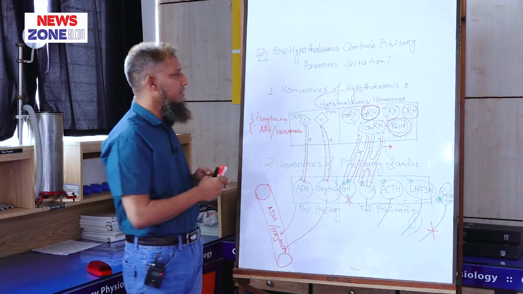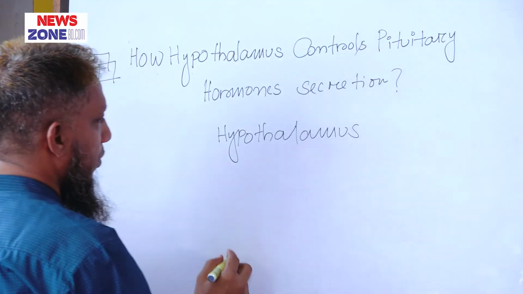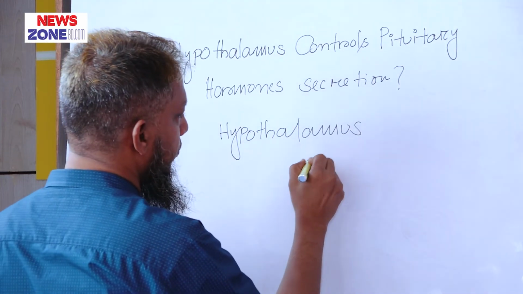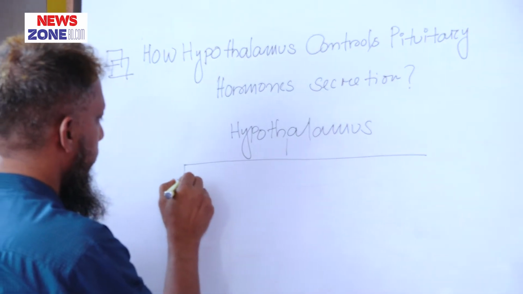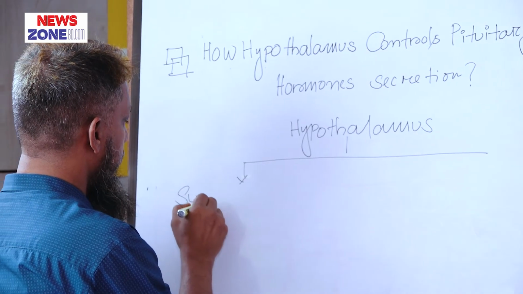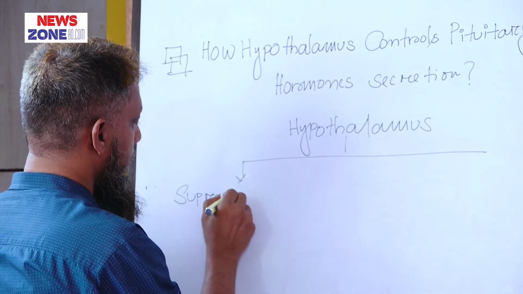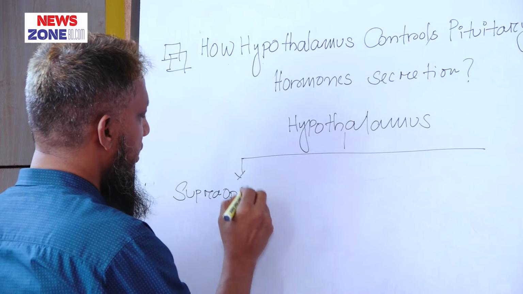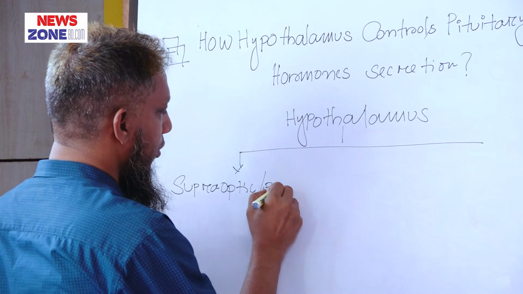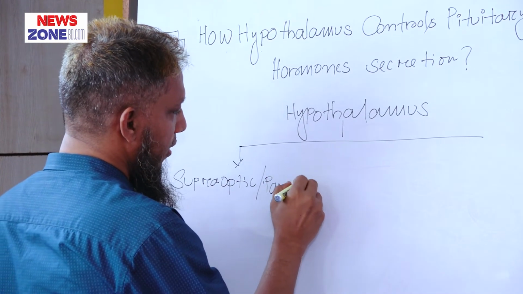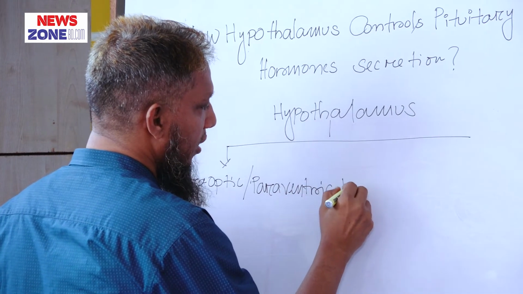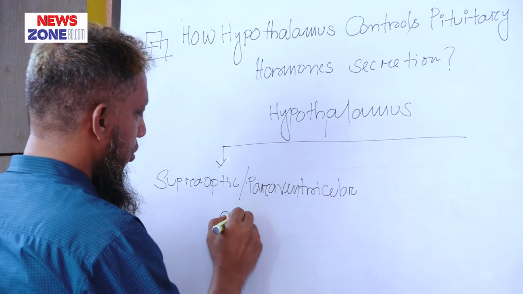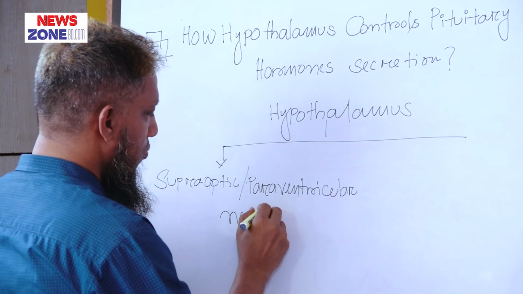Okay? Now we can summarize. Supraoptic or paraventricular nuclei.